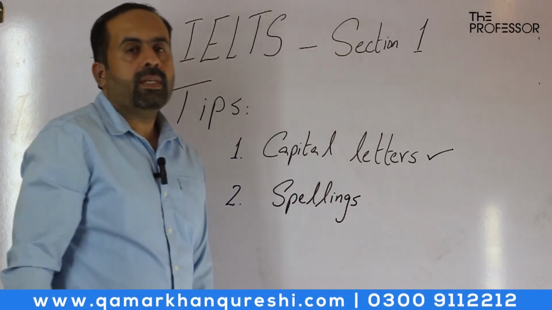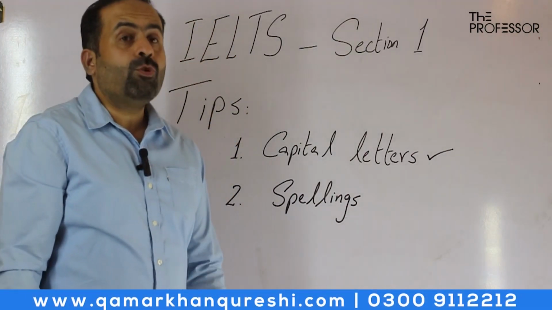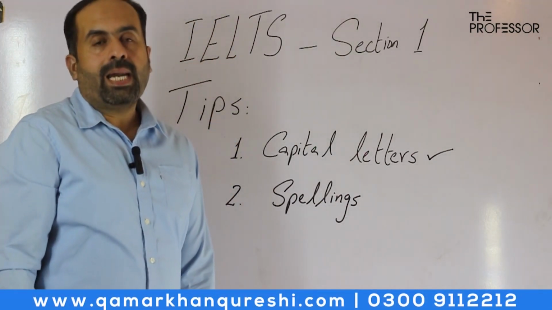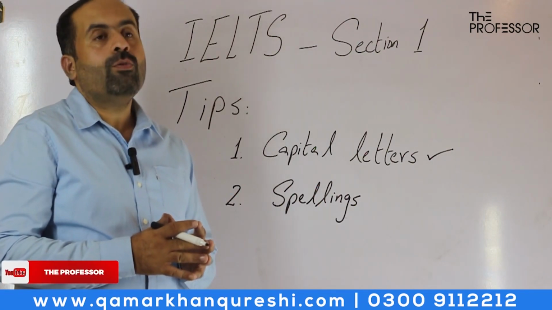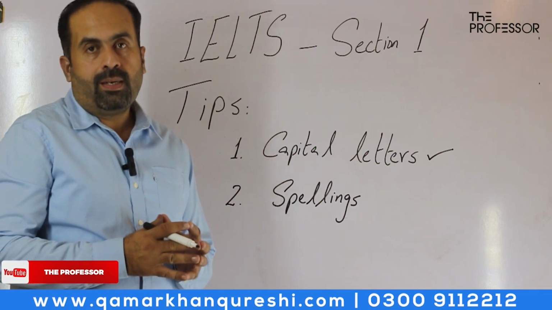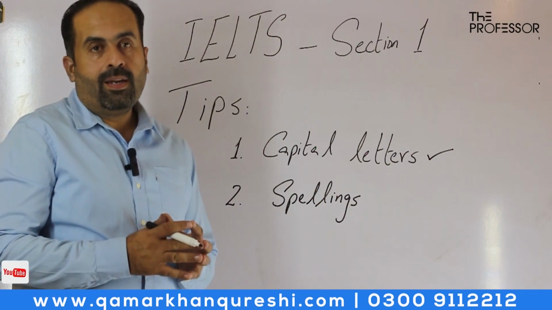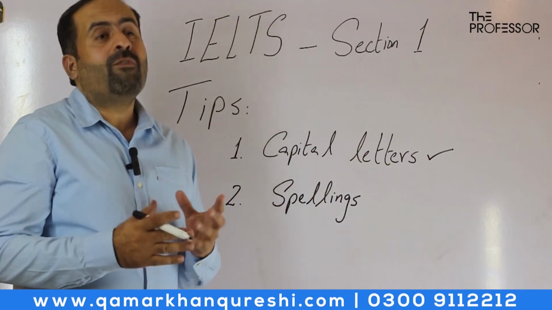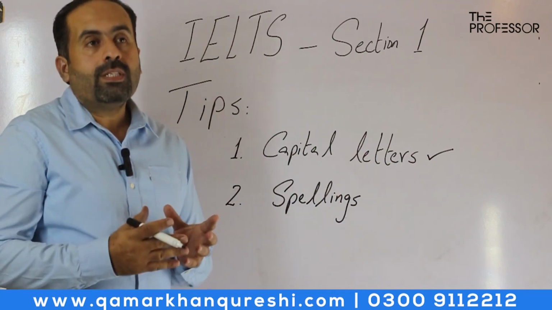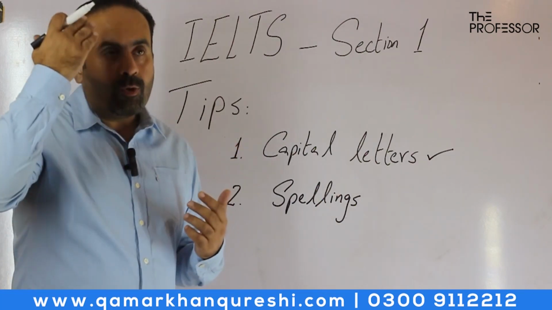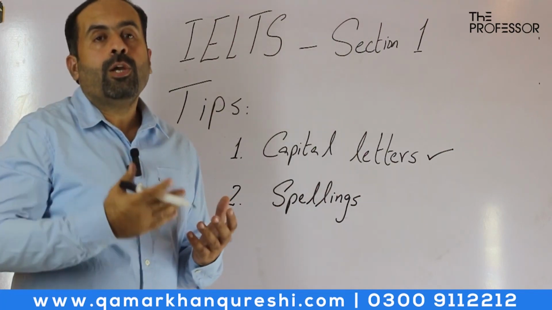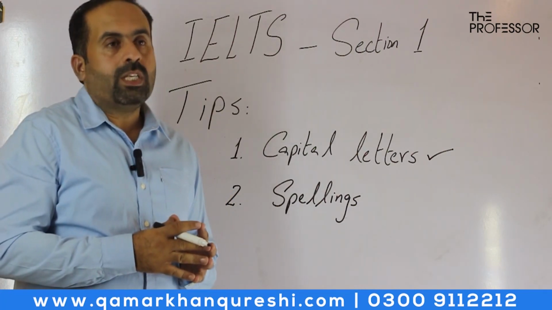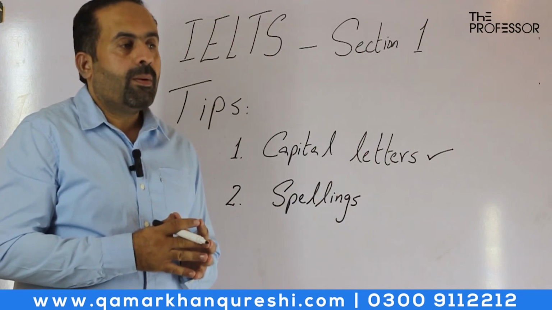Number two is spellings are very important. You have to spell the name correctly. And you can only spell it if you know how to pronounce it. Right? And practice these different, common foreigners' names, so that they get into your brain, and then you are okay with the spellings and pronunciation both.